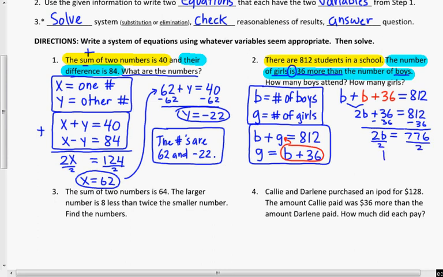Need a calculator. 388 boys, which means take 388 and add 36.